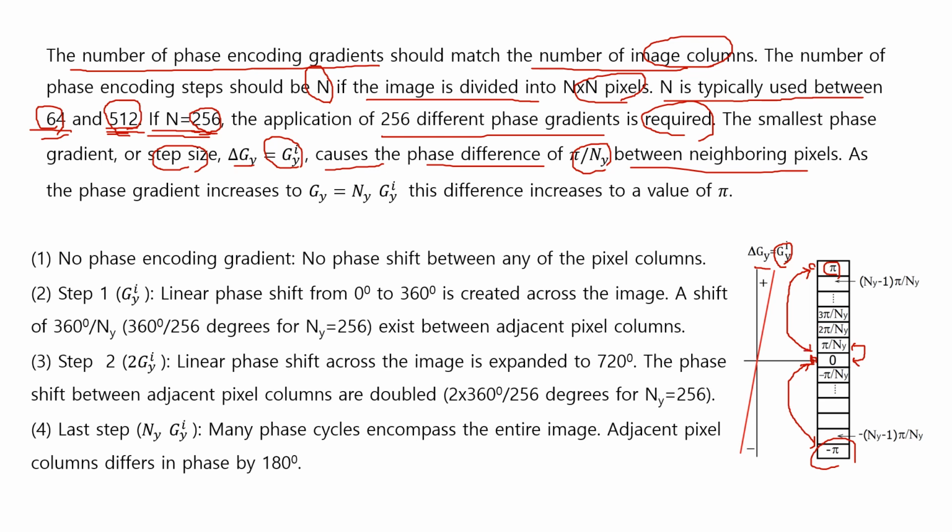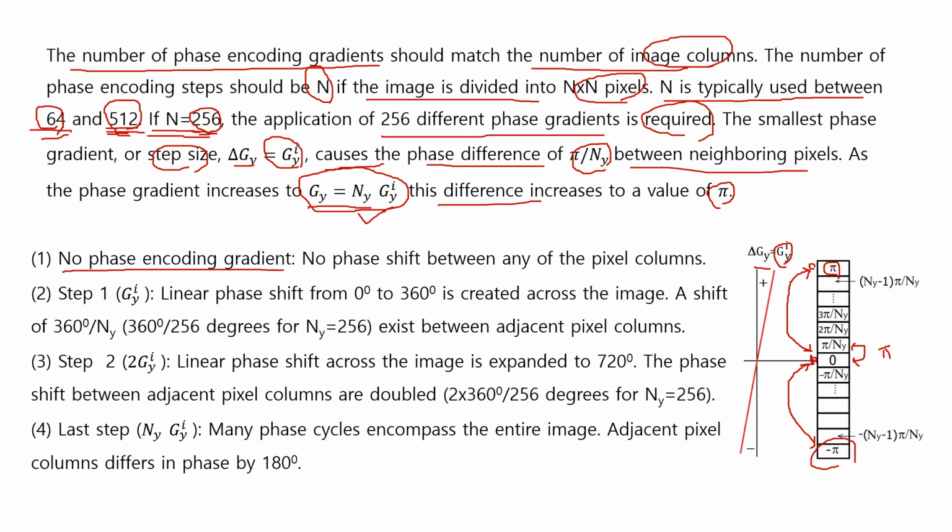As the phase gradient increases to the maximum gradient, this difference increases to a value of pi. So in this case, the phase difference between adjacent pixels is pi. So we explain again here.